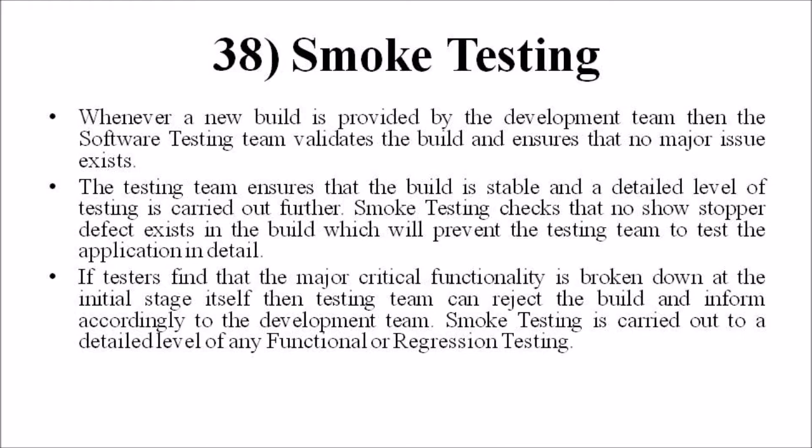Smoke testing checks that no showstopper defect exists in the build, which will prevent the testing team from testing the application in detail. If testers find a major critical functionality broken at the initial stage itself, then the testing team can reject the build and inform the development team accordingly. Smoke testing is carried out prior to any detailed functional or regression testing.